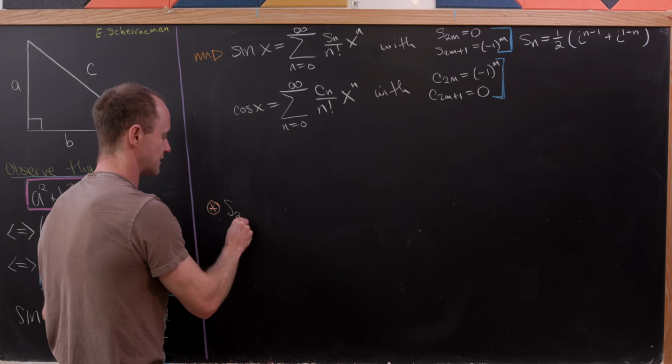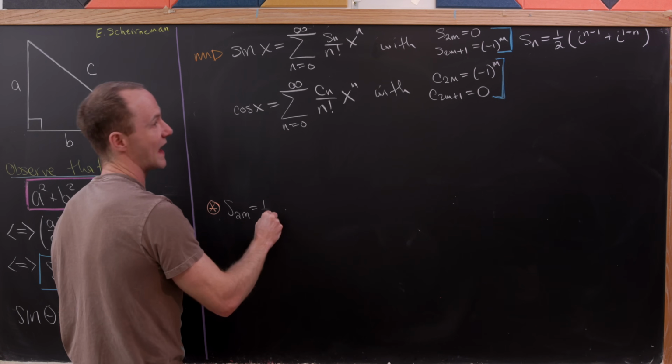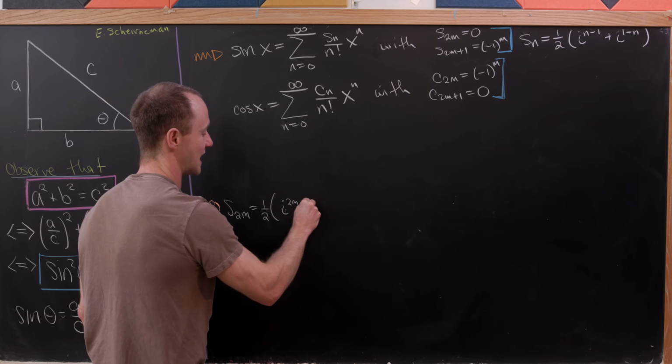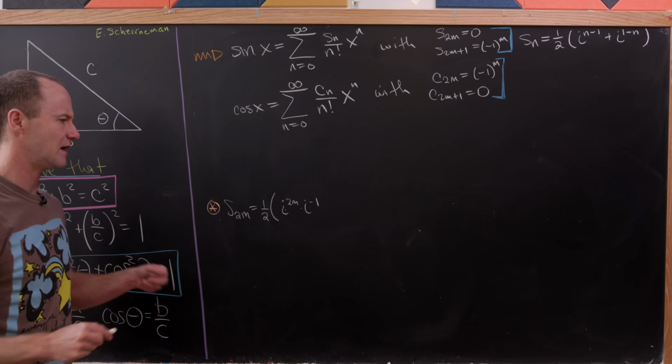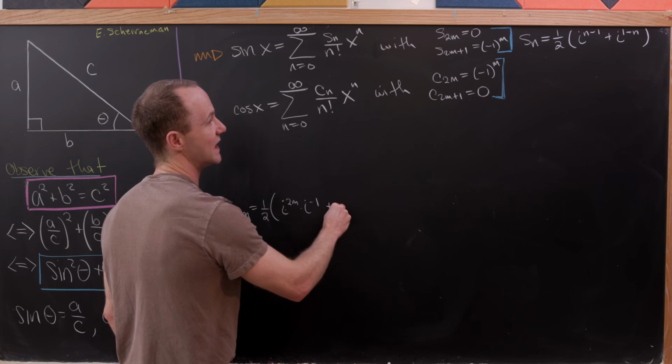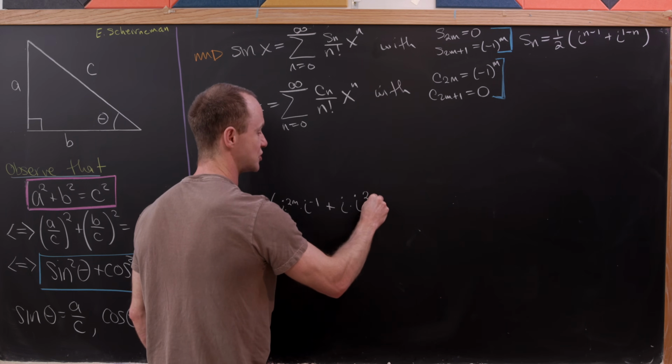So let's observe that S_{2m} here will be equal to 1/2, and then we'll have i^(2m) times i^(-1). There I'm using just exponent rules. And then this will be plus i times i^(-2m).